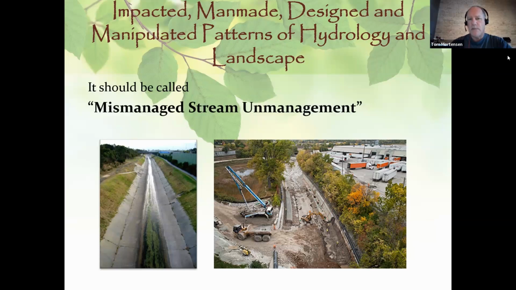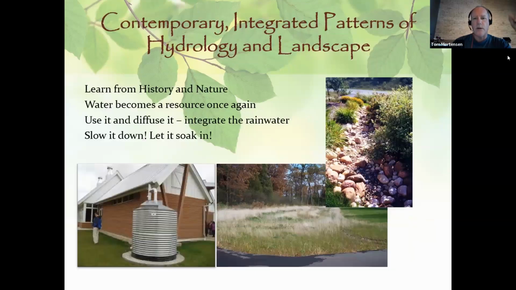I call it mismanaged stream unmanagement. We mismanaged these streams for years, and now we're trying to unmanage them because again, nature always wins. So again, that changes the mindset of we're trying to control nature. That didn't work. Now we're trying to let nature go back into control.